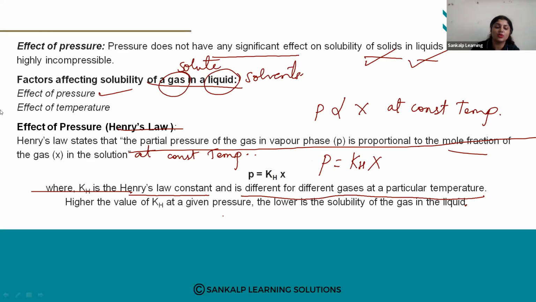This is Henry's law. kh depends upon the nature of the gas. Different gases have different natures, so at a particular temperature they will show different values. So this is about Henry's law.